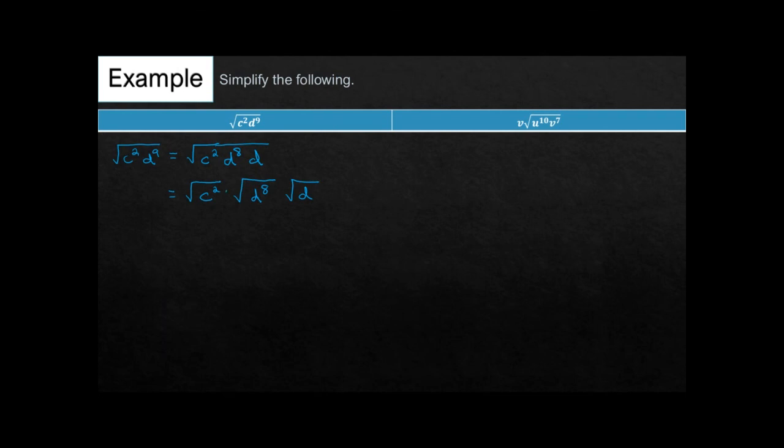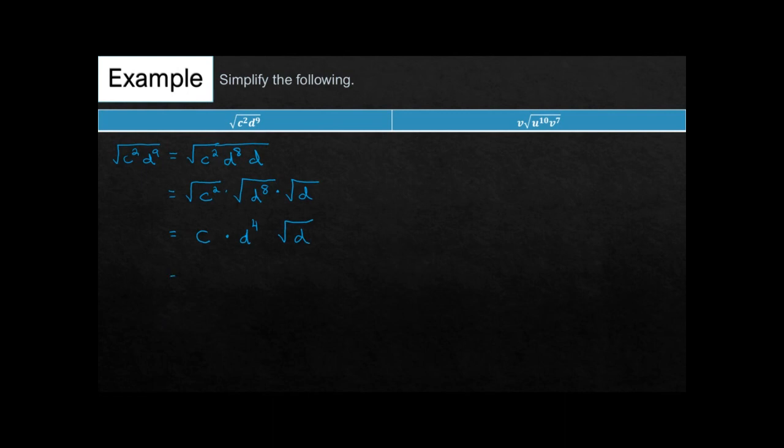So these are all multiplied together. Then to remove the square root, to basically take it outside of the square root, you divide the exponent by 2. So that leaves me with a c, because the square root and the 2, those cancel. Then 8 divided by 2 is 4, so I get d to the 4th, and then I have my leftover d.